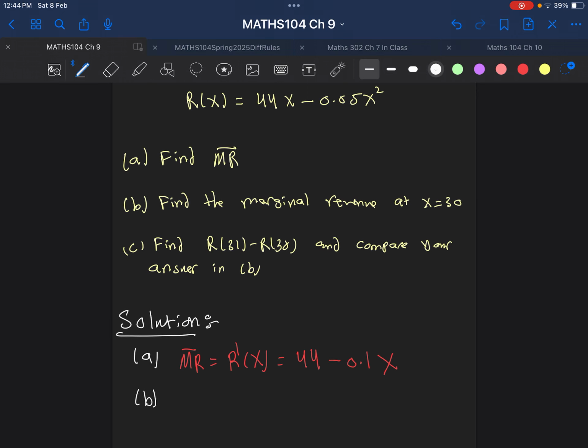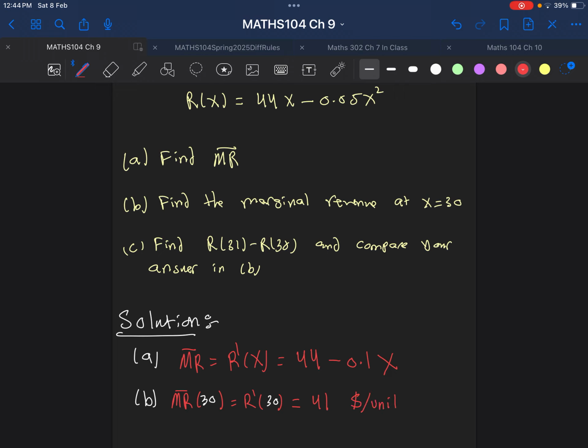Part B says to find the marginal revenue at x equal to 3. So we need to find the marginal revenue, which is again the derivative we just found, but this time I substitute x with 3, and here you can use your calculator, and the answer will be 41. What does 41 mean?